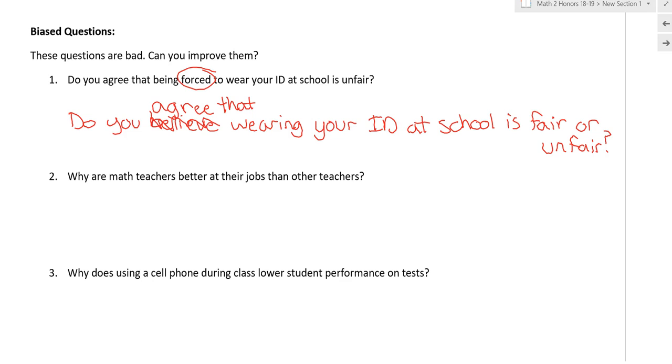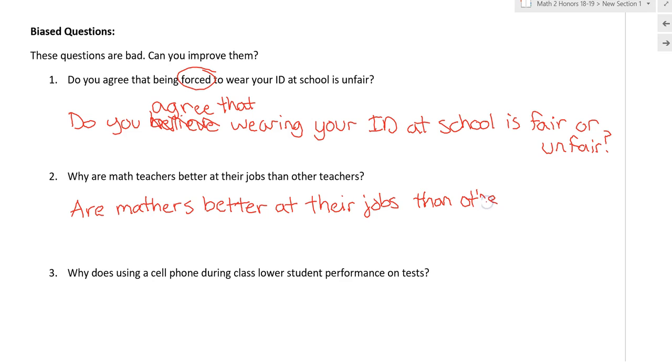So a better question would maybe be, are math teachers better at their jobs than other teachers? That spelling got weird. And then even maybe adding a why or why not at the end, or whatever.